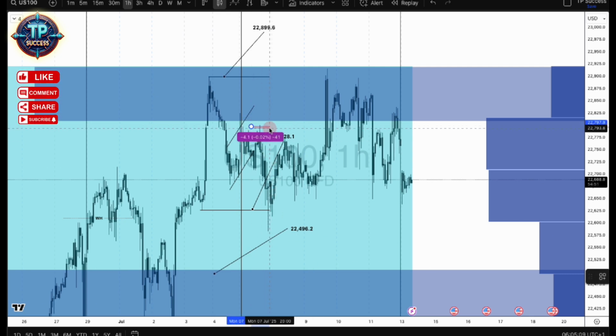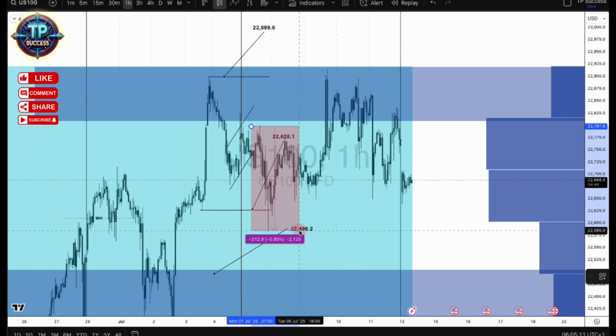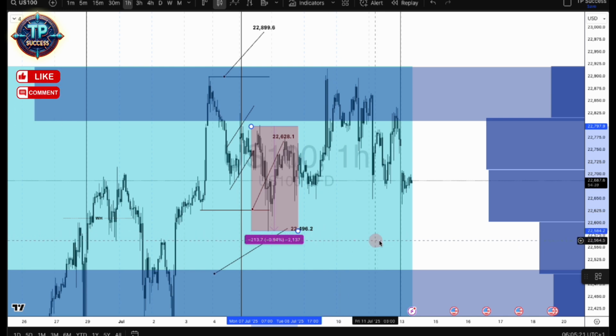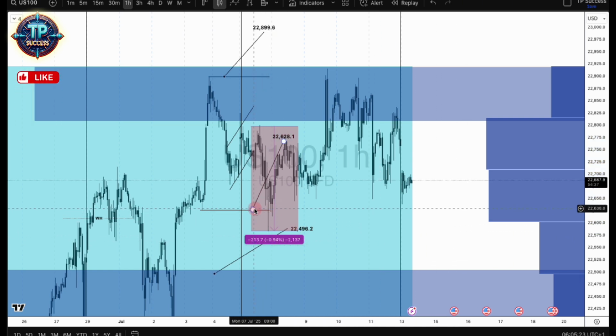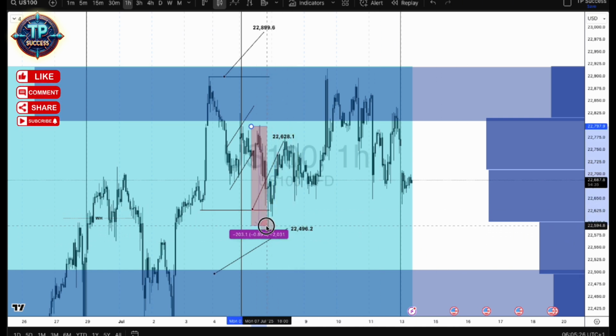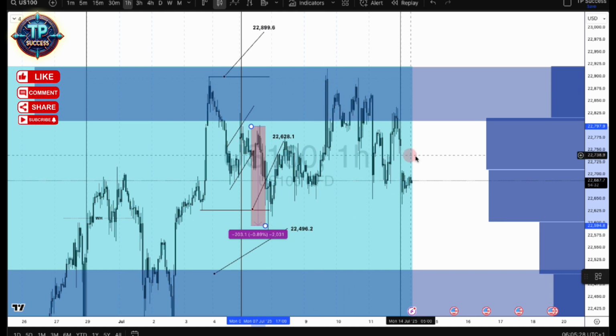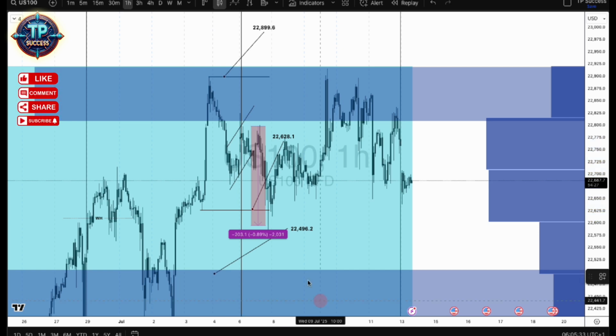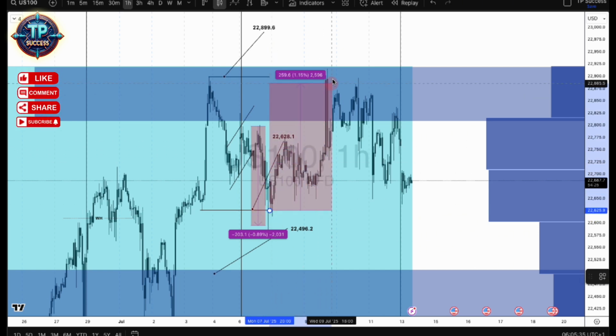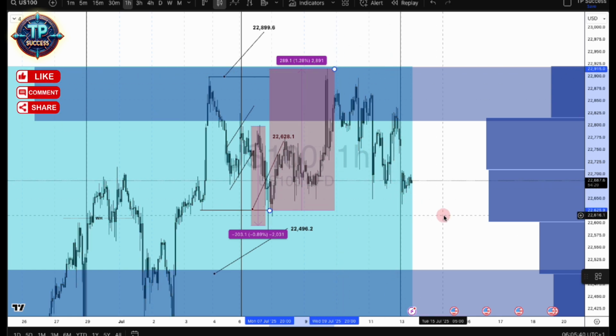Let me just measure this whole situation out. So you could have done 0.94% to the downside, okay? And had you taken buys from this location back up to the low volume node, you would have made 1.28% profit to the upside.